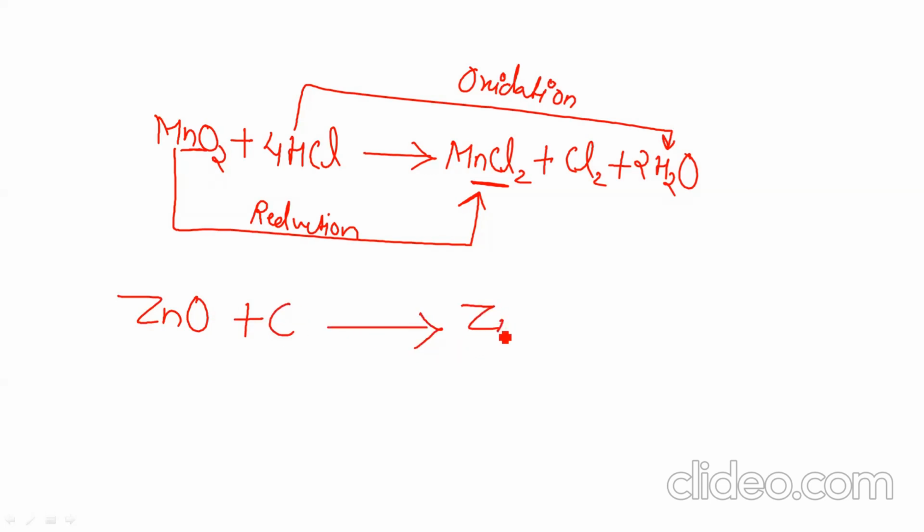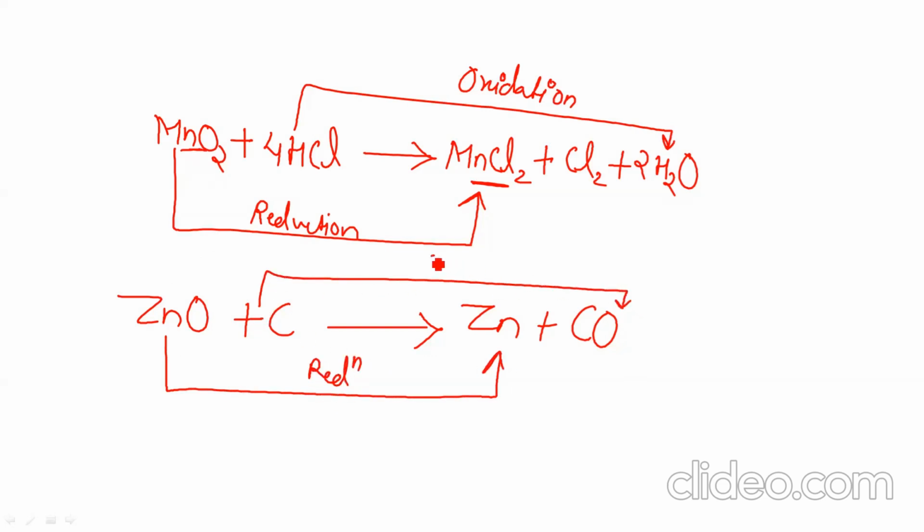Zinc plus carbon monoxide will be formed. Here zinc is undergoing reduction while carbon is undergoing oxidation. These types of reactions are commonly seen and are known as redox reactions.